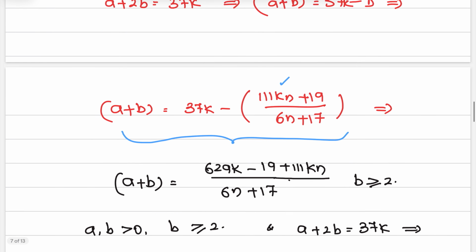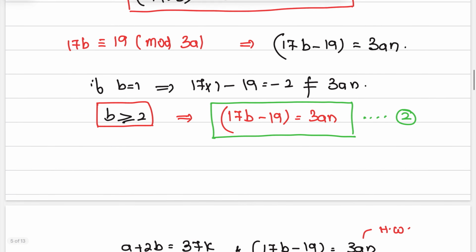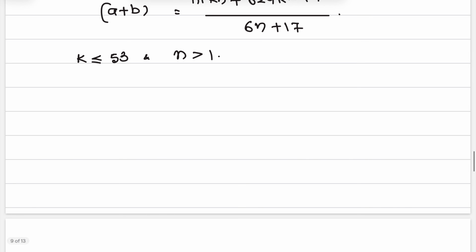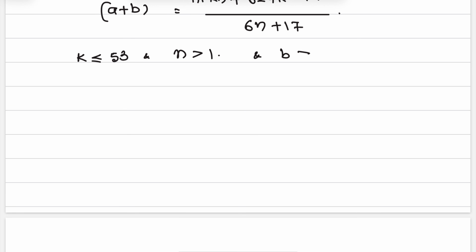That's what various conditions we have got in this problem. And b should be greater than or equal to 2. Now, let us try a value k is equal to 52. n is greater than 1.